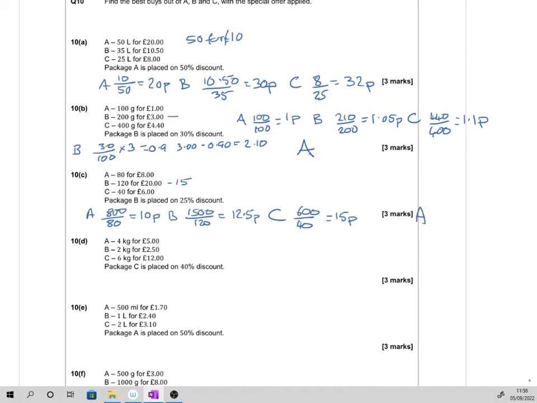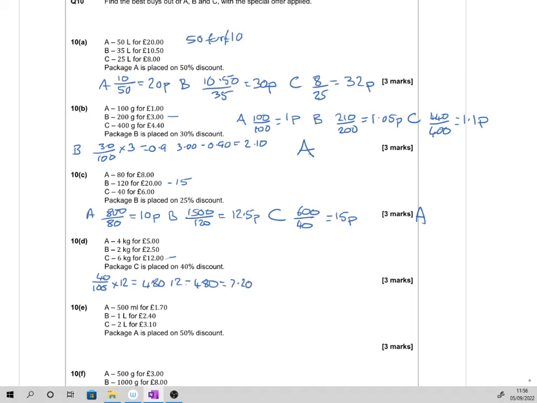Right, 40% discount on C. So 40% times 12. 40 divided by 100 times 12 is 4.8. £4.80. So 12 take away £4.80 is £7.20.